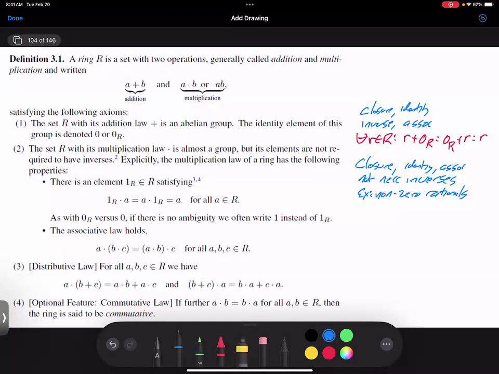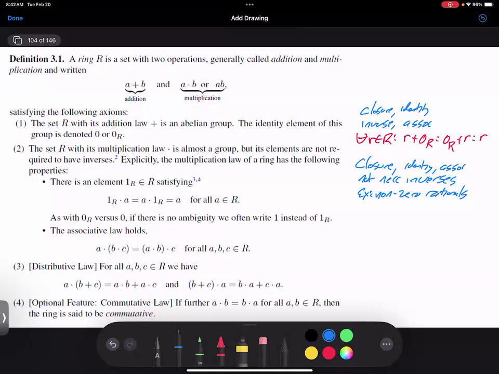Are the non-zero rationals closed under multiplication? Do they have an identity? Are they associative? Do they satisfy these three properties and not necessarily inverses? Yes. Do they satisfy inverses? Is the inverse of a non-zero rational a non-zero rational? Yes, right? Just because it doesn't have to satisfy inverses doesn't mean that it can't satisfy inverses. It is a group. It's the group of non-zero rationals.